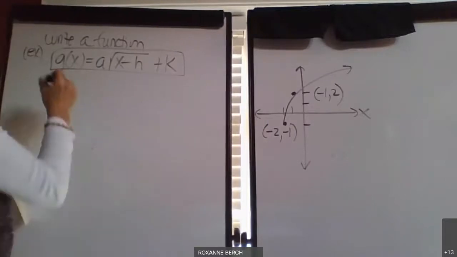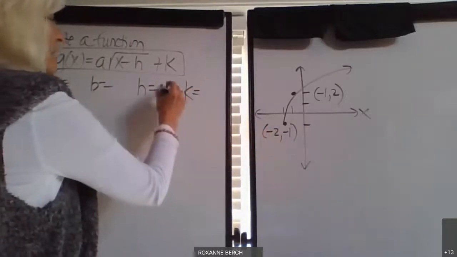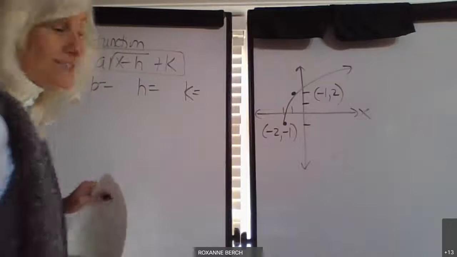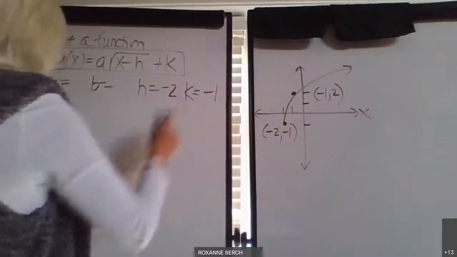Left 2 down 1. Yep. You're right. It's a starting point. So it's not the vertex, it's the starting point. It's -2 and k is -1.